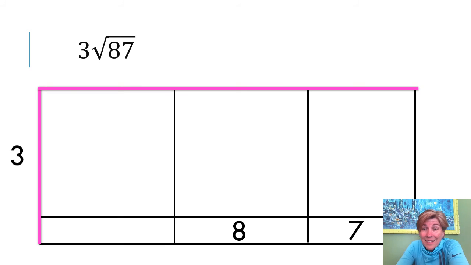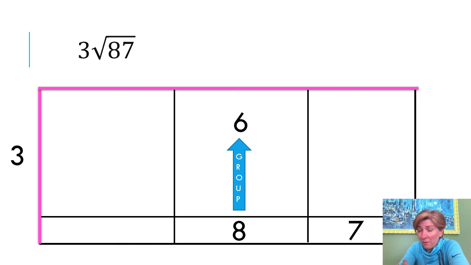Okay, I have my 87, and instead of using base 10 blocks, I'm just going to look at the number and say, okay, I have 8 items. How many groups of 3 can I make with those? Well, if I pulled out 6 of those 8, I can put those into groups of 3s.